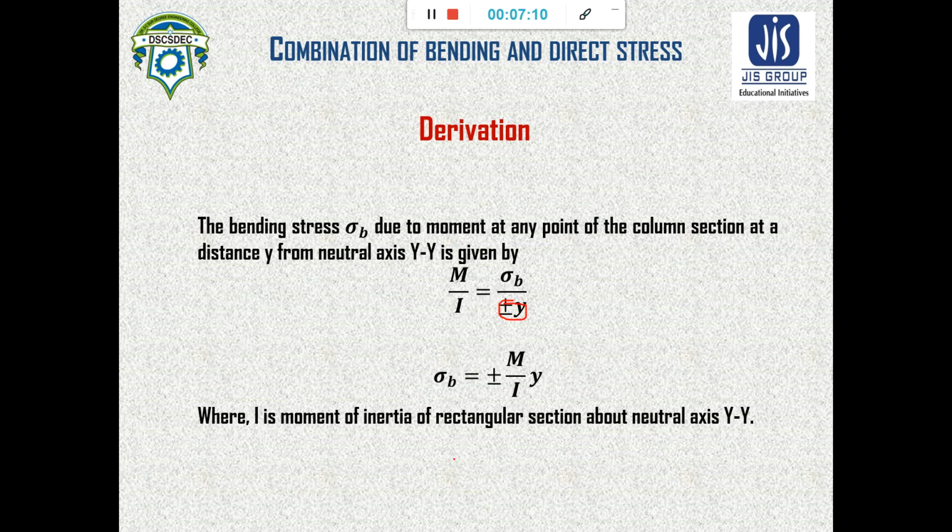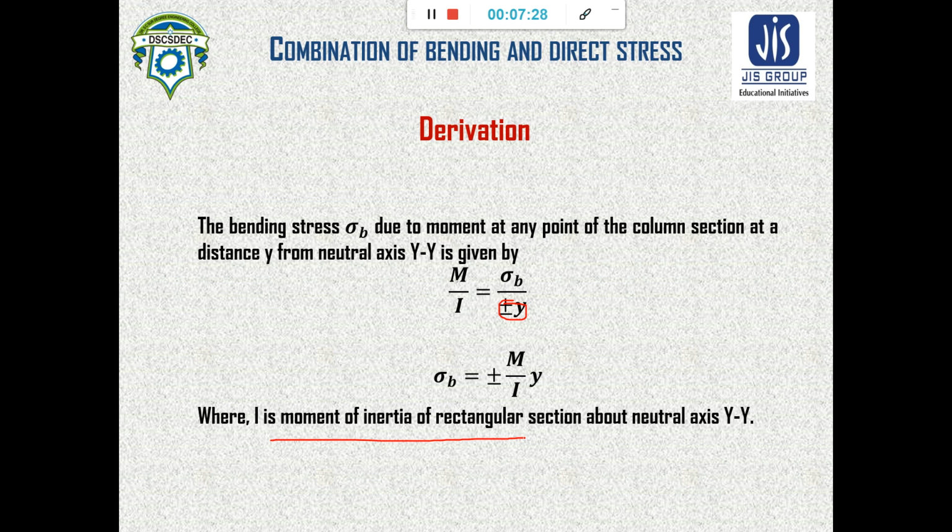And what is I? I is the moment of inertia of the given cross section, where the whole calculation is based, with respect to our neutral axis.